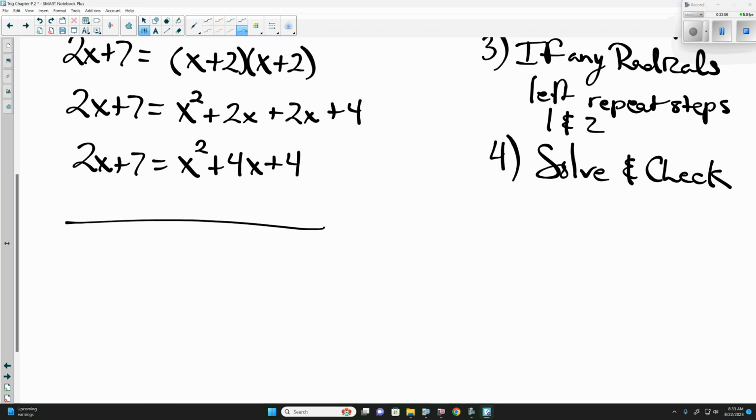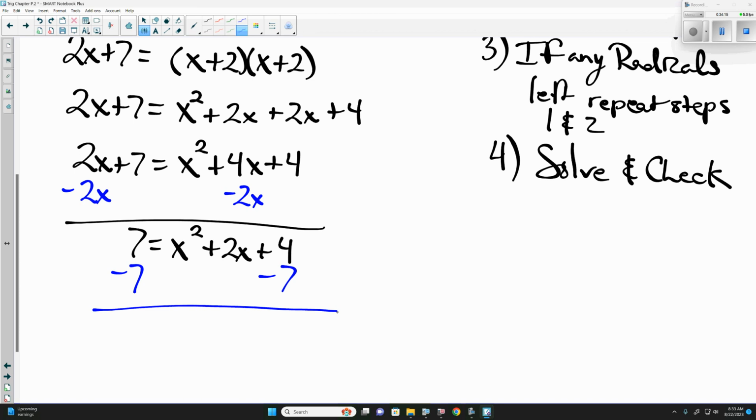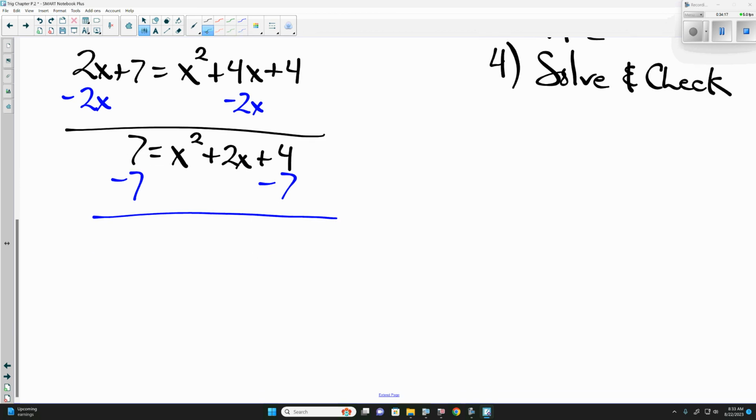So at this point here, we do need to get it equal to 0. So we can minus 2x from both sides. Minus 7 is equal to x squared plus 2x plus 4. Minus 7 tells us that 0 is equal to x squared plus 2x minus 3.